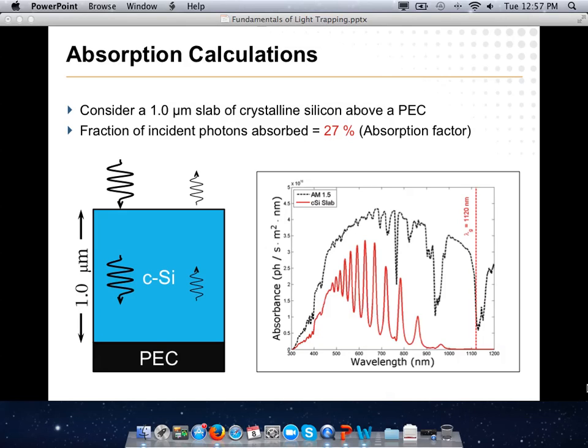So let's do some calculations. This is actually a pretty straightforward calculation you can do using some basic electromagnetic wave theory. So you imagine a planar structure here, and I'm shining light down on the top. That's what this little squiggly photon represents. It hits the boundary here.